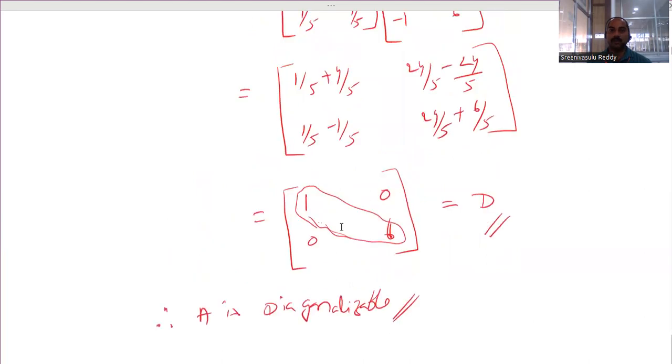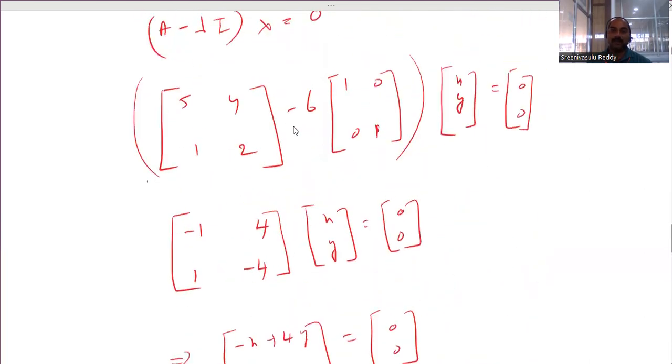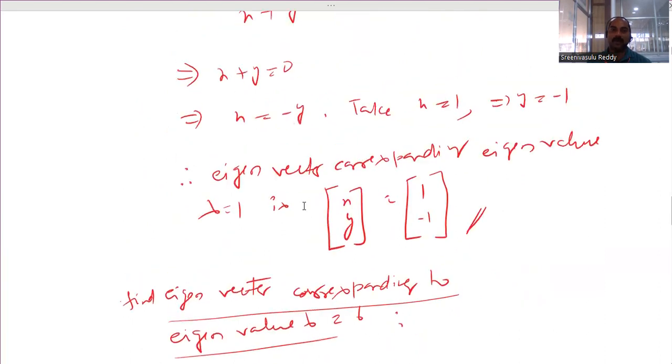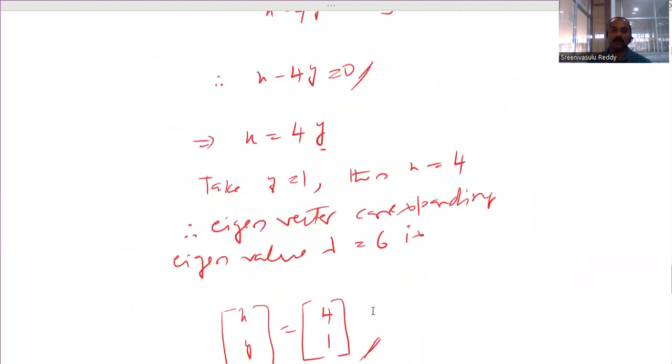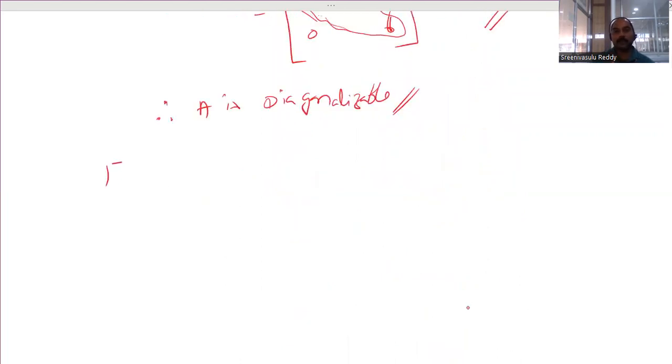Okay, this is the procedure to find the diagonalization. For this one only, I am going to find A power 5. Find A power 5 using the diagonalization process.